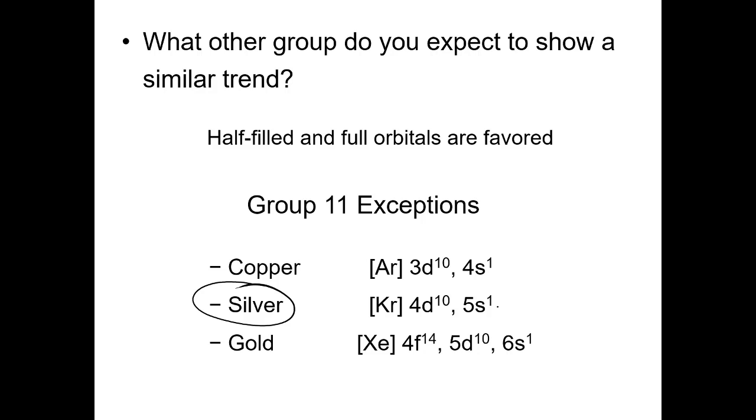So iron is +2 and +3, and most of them do have this +2 and then one more. Copper, silver, and gold all three do this, and that's because there's an energy benefit from filling the entire d shell and then just having a single electron in the s.